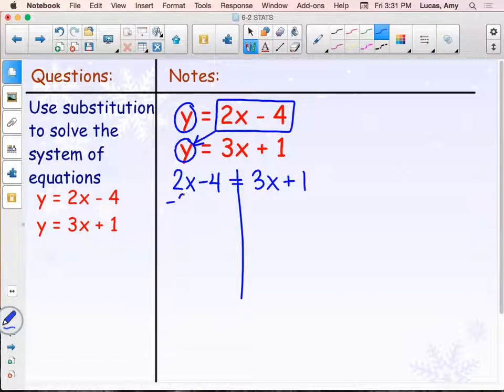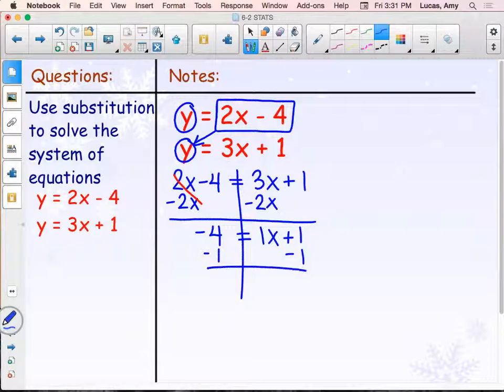I have to subtract one of them from each side. So this is different from all of the others that we've seen in our lesson. So 3x minus 2x is 1x. Then I subtract 1 on each side. So 1x equals negative 5, and 1x is the same as x.